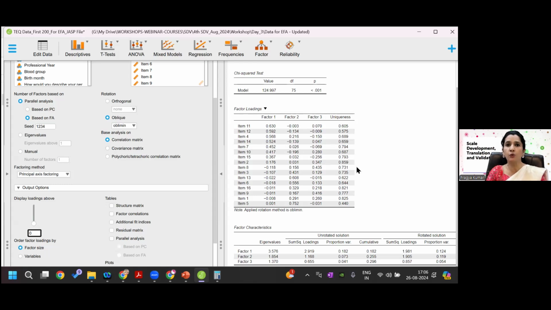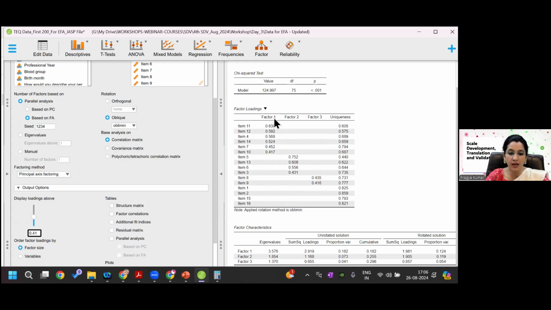So that's why the rule is you should hide loadings below 0.4. You can take up to 0.5 also. Many people say that you can take up to 0.5. It is up to you. So if I make it 0.4, from here you can change. So you can see here there is a clear-cut structure.